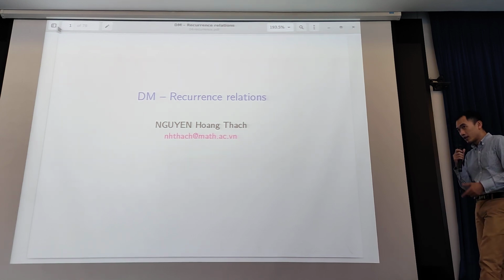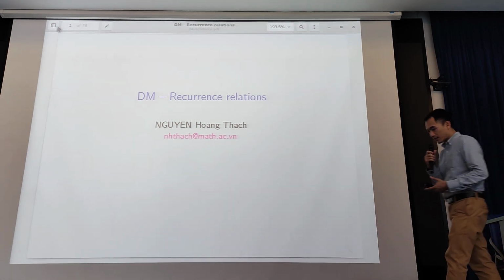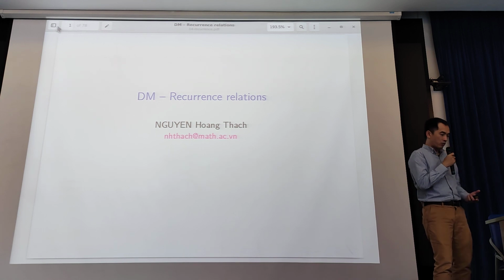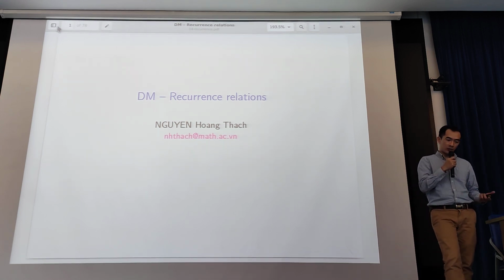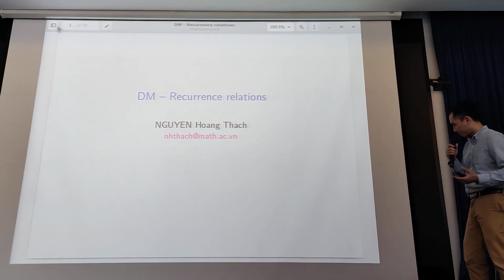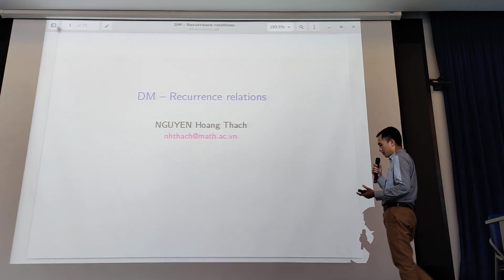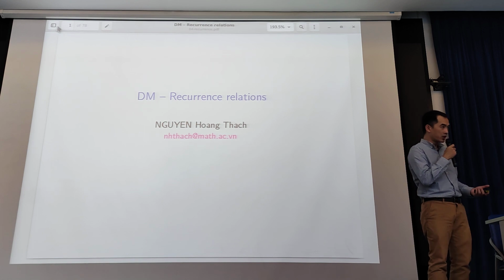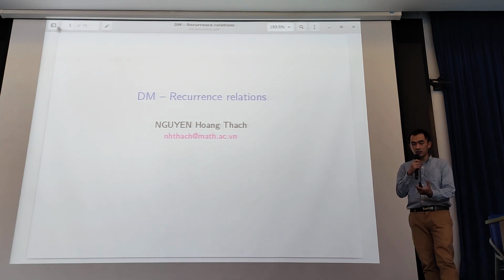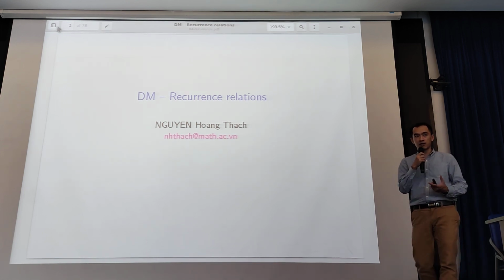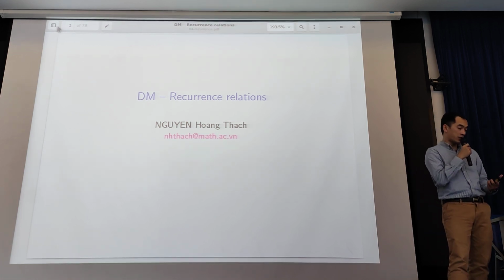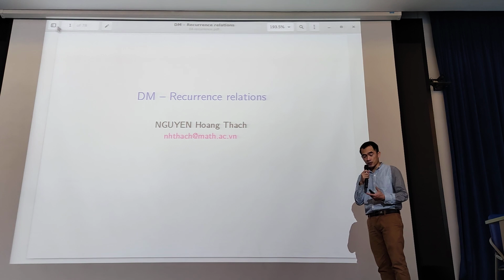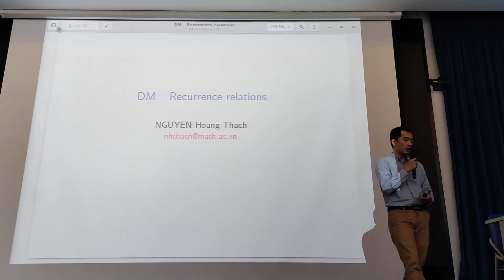In many practical or theoretical problems, we want to estimate some kind of measure or quantity which depends on the input. For example, sometimes you have a program or an algorithm that takes as input a string of certain length, and you want to estimate the complexity, the number of operations executed by that algorithm as a function of the input.